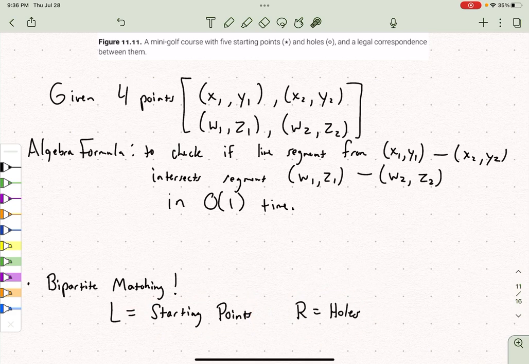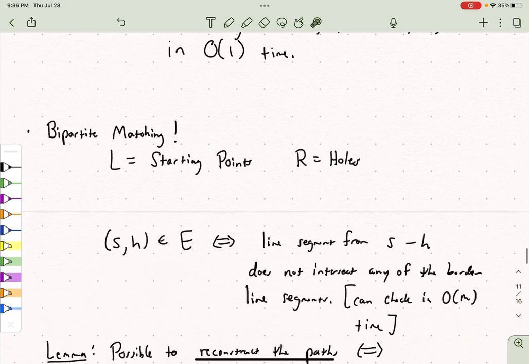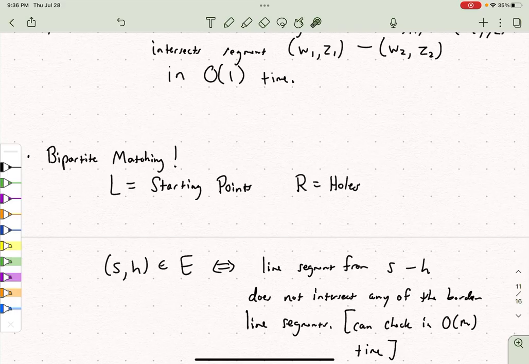So we just take our input points and slap them right into L and R. Now the edges are a little more complicated because for a specific starting point S and a hole H, we'll have an edge between S and H in our graph only if the line segment from S to H would not intersect any of the border line segments.